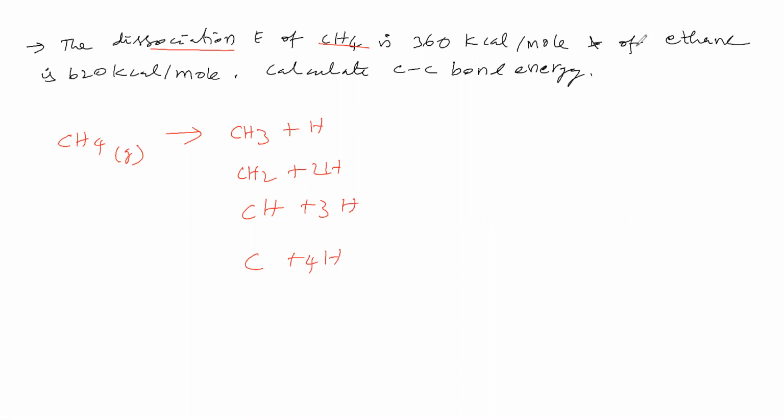And of ethane, it is 620 kilocalories per mole. Ethane, formula C2H6, is in the gaseous state. It is undergoing dissociation. Ethane dissociating means, for example, CH4 plus CH2.